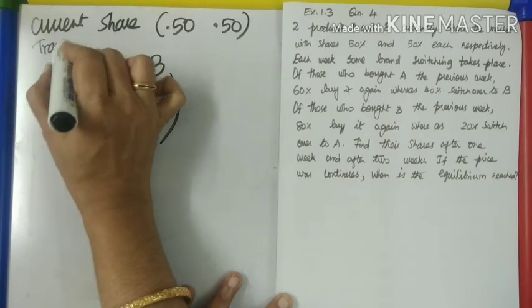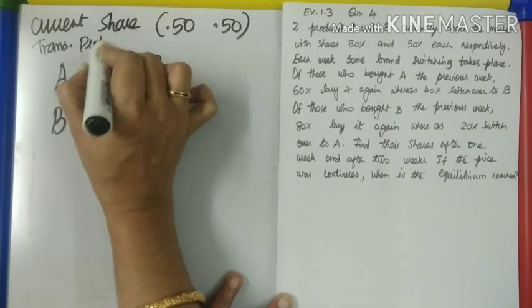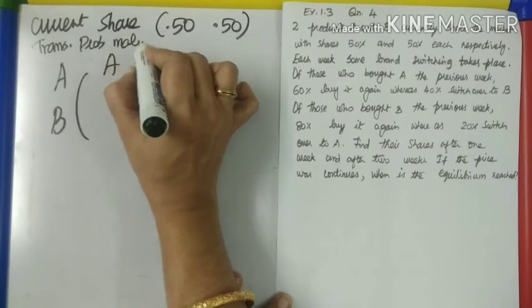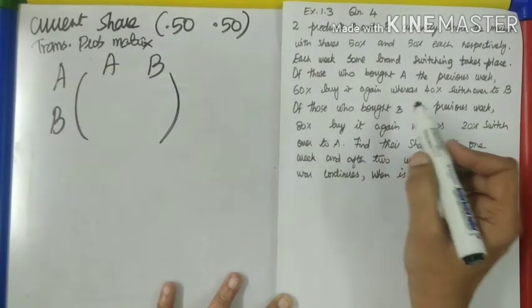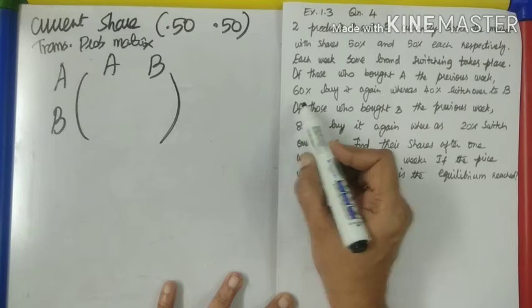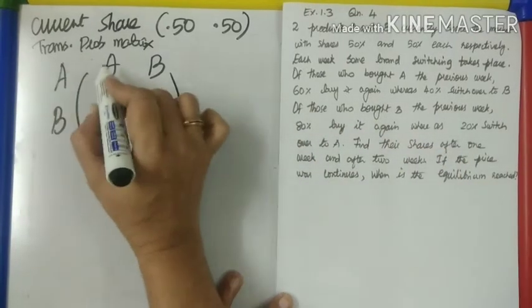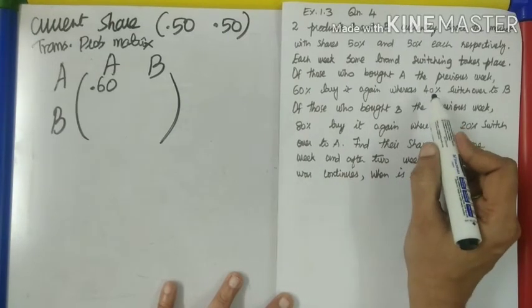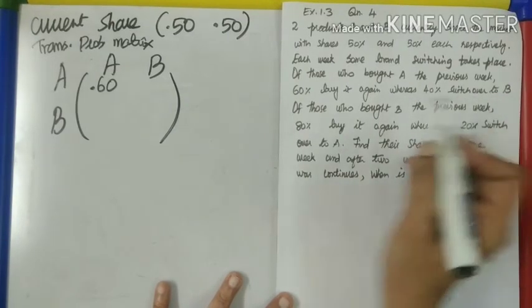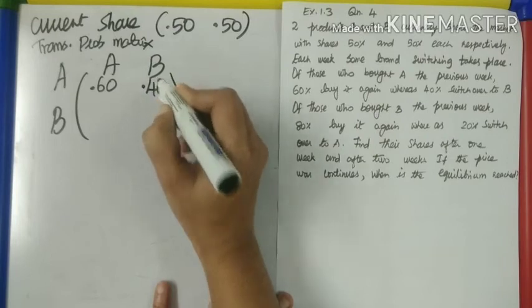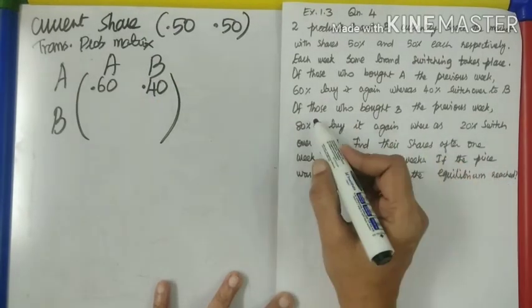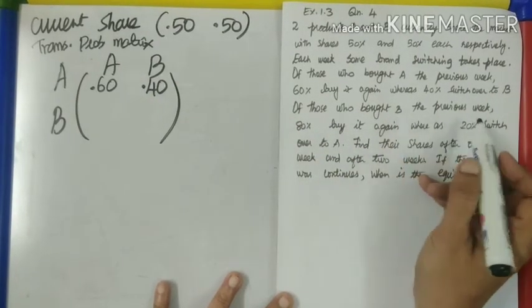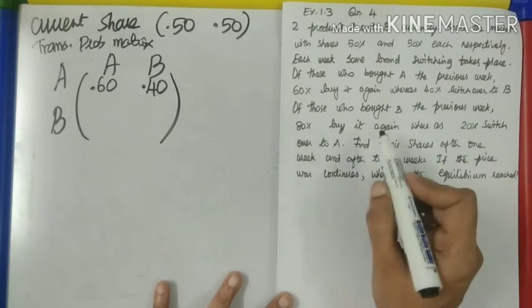Transition probability matrix. So A to A what is given? 60% buy it again. So A to A is 0.60. So what will be the remaining? 40% switch over to B. So this is 0.40.